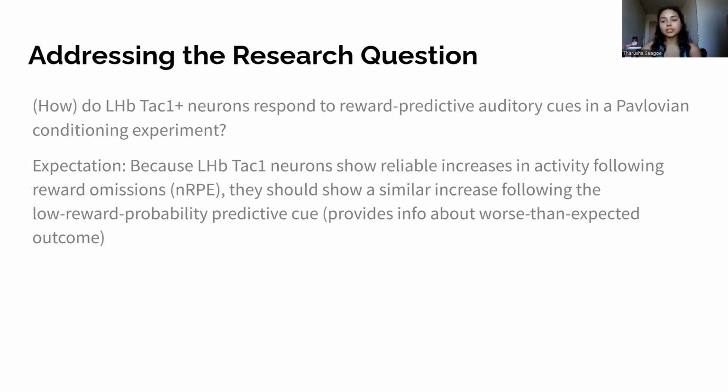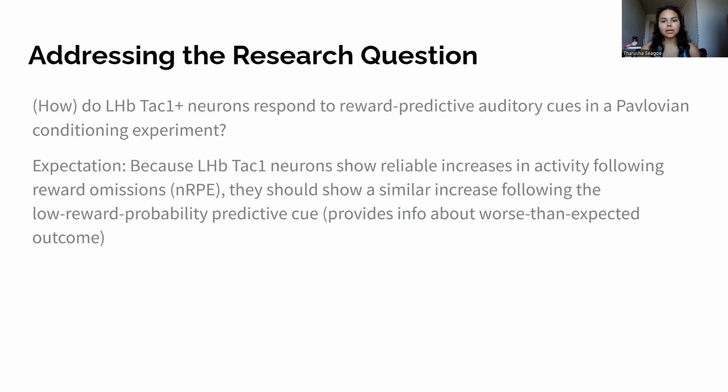Just to address the research question, which actually wasn't even the bulk of everything that we learned when looking at the data. The question being, do these lateral habenula Tac1 neurons respond to these reward-predictive auditory cues in this Pavlovian setup?